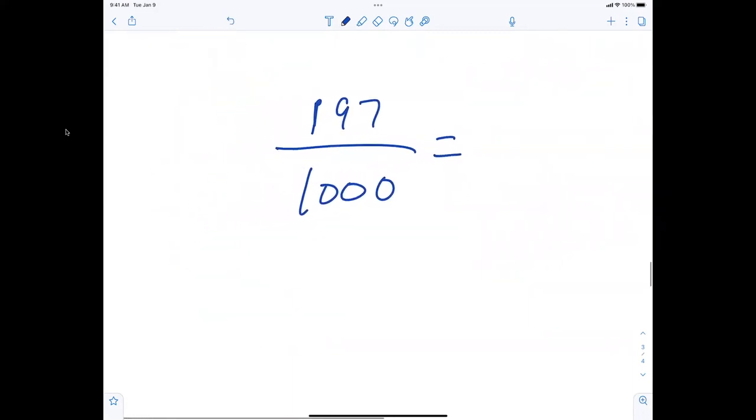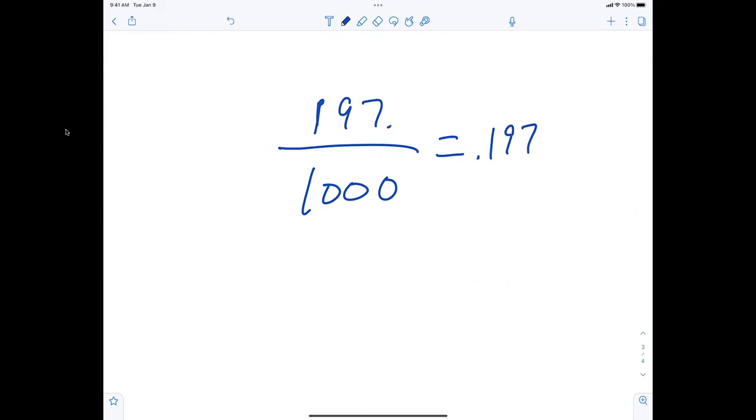What decimal is that? 0.197. Yeah, it's just 0.197. Right. The number of zeros tells you how many places you move the decimal. So like 197, the decimal's here, there's 3 zeros. So we just move it back 3 times. Everybody okay with that? All right.